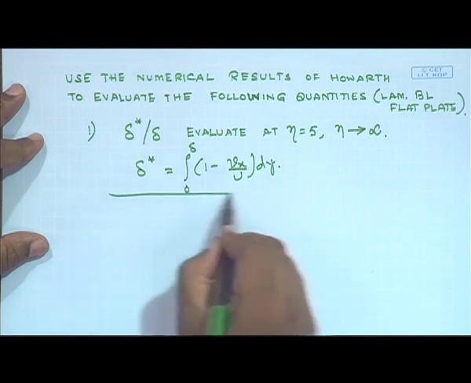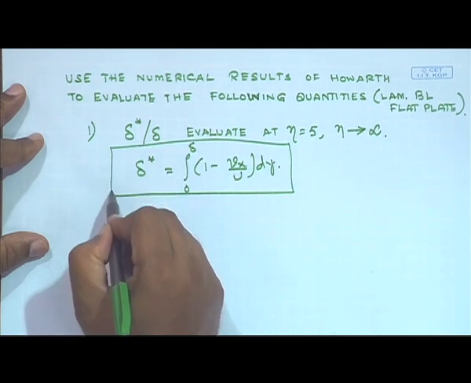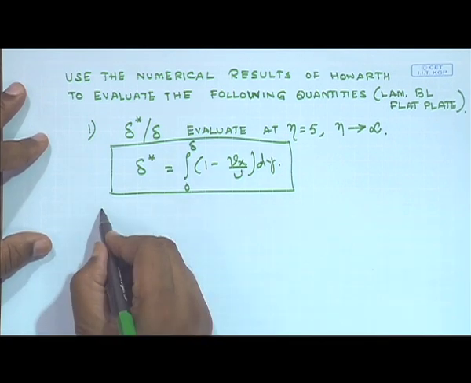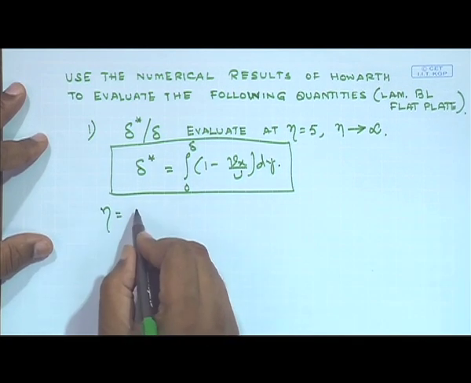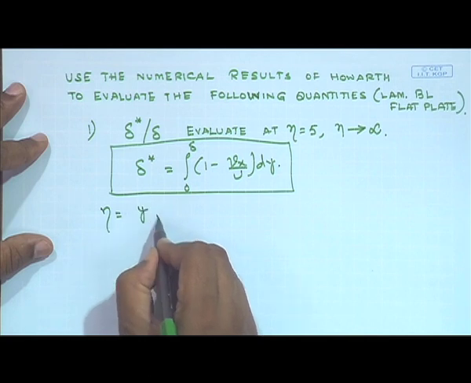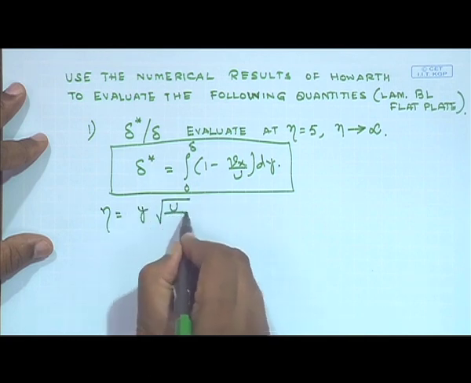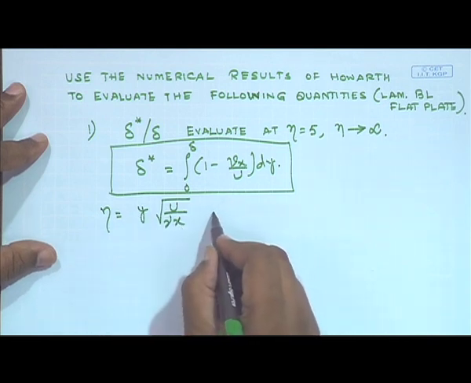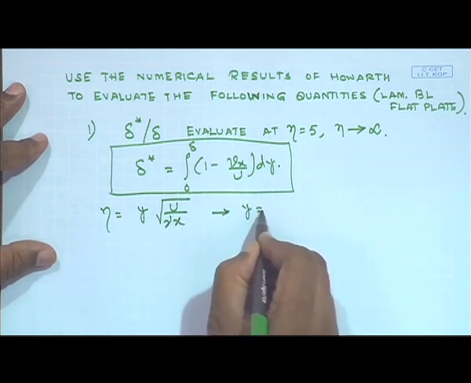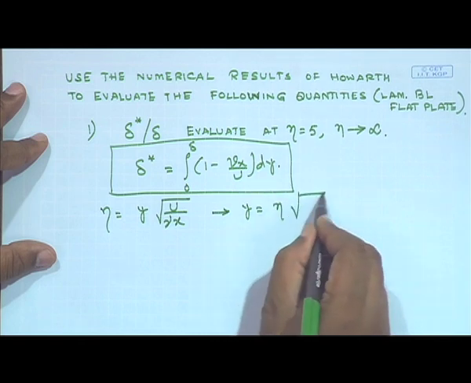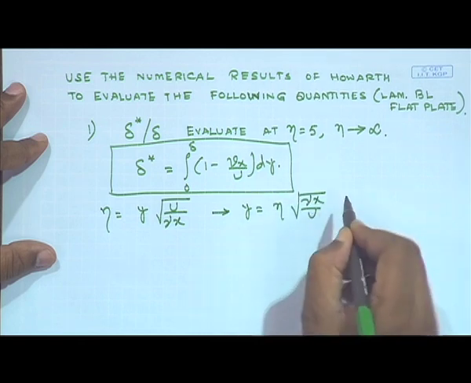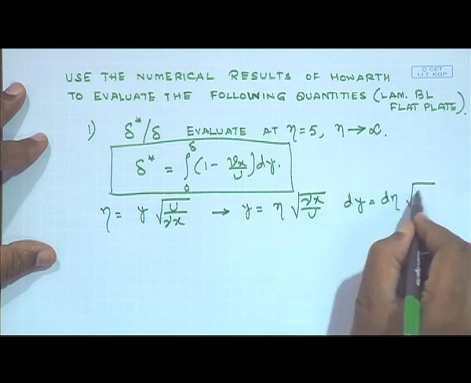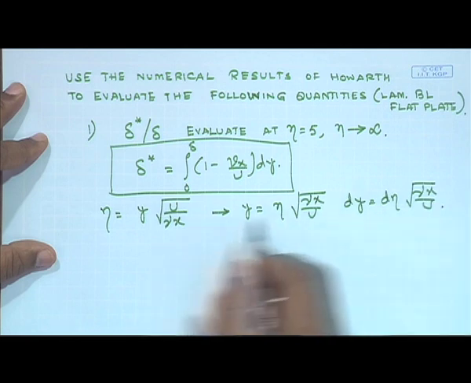This we have derived in one of the previous classes, and we also know that eta is the combination variable which combines y and x, and therefore one can write y is equal to eta times root over nu x by u, and therefore dy is equal to d eta times root over nu x by u.